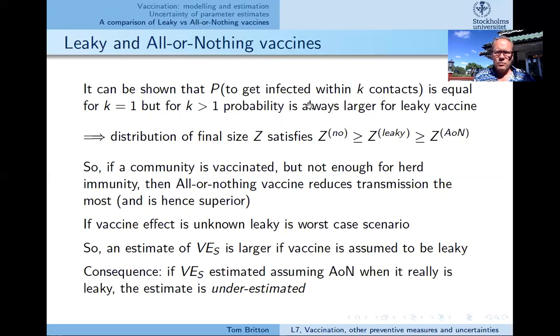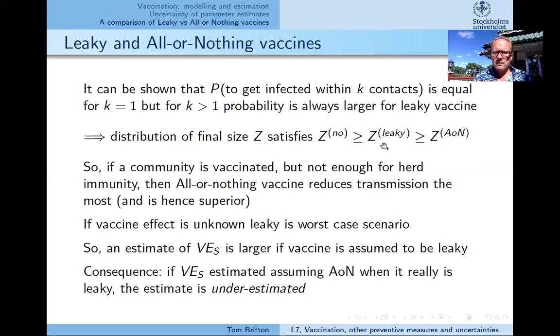And it is possible to show that the probability to get infected is always larger if the vaccine is leaky as compared to an all or nothing vaccine. So assuming that they have the same vaccine efficacy 1 minus theta, the probability to get infected after K contacts is bigger if the vaccine is leaky.